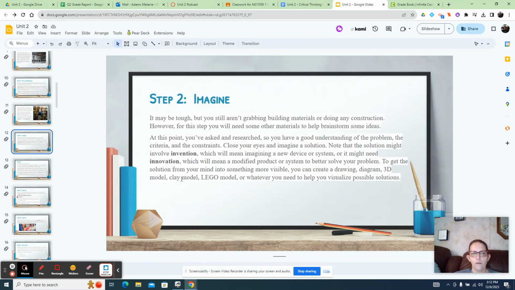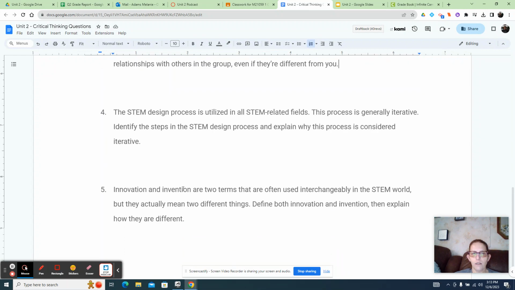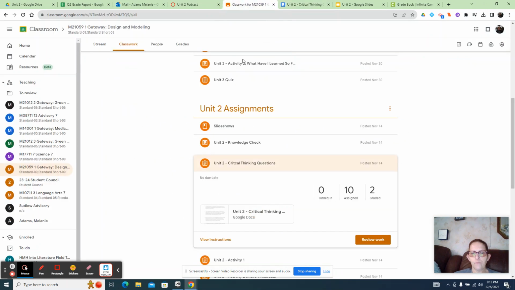On slide 12, invention means imagining a new design, new device or system, and innovation means a modified product or system to better solve your problem. So invention is something brand new. An innovation is a modified product or system, so it's something that already exists, but is modified. And that is your critical thinking questions.